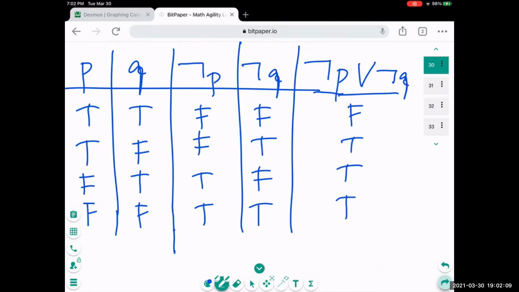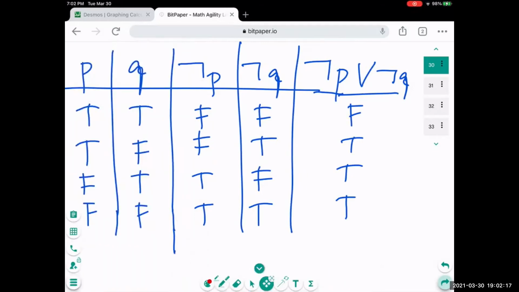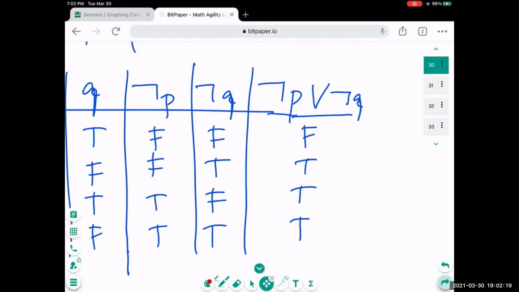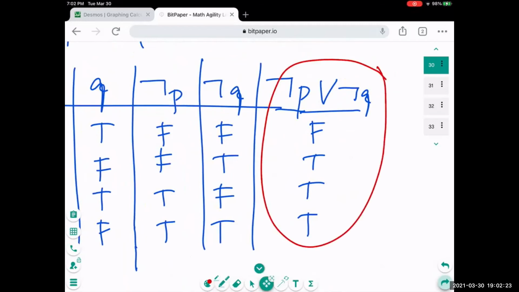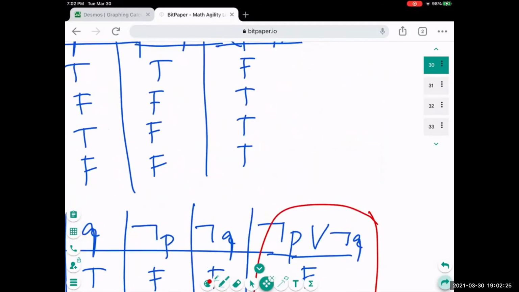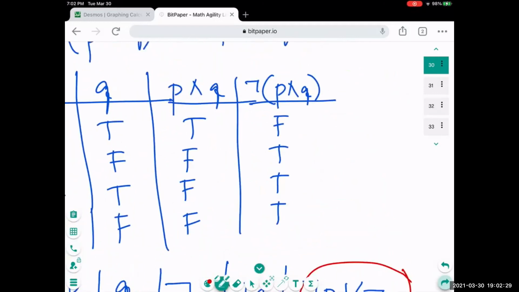So compare na ngayon natin kung parehas ba yung truth values nito sa truth values kanina sa taas. So FTTT, FTTT rin siya. So na-prove natin na equivalent.